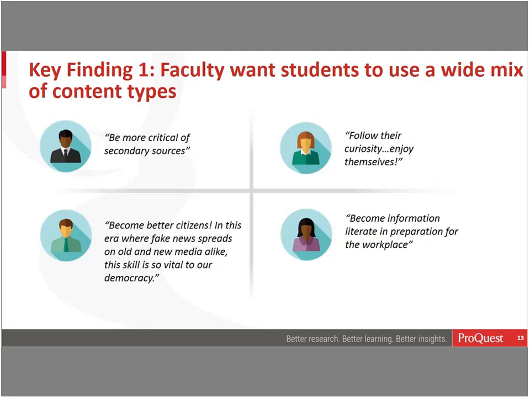So in summary, we found that faculty want students to use a wide mix of content types, and it helps them in a number of ways. It fundamentally helps them to learn, leads them to be more critical and rigorous in their approach to information, helps them to enjoy their area of study, and ultimately it can lead to better quality work and higher grades.